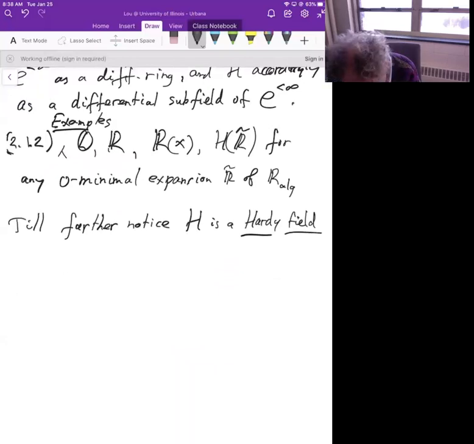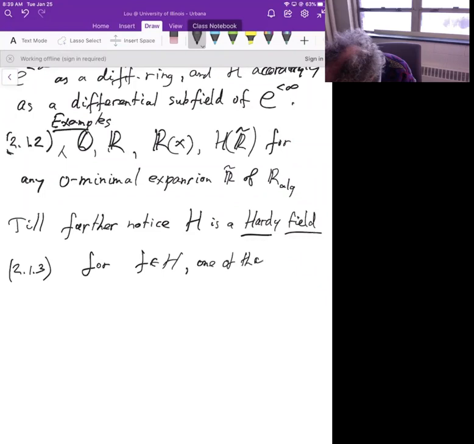Good. So the first thing to realize as a consequence of having this derivative available is that for a germ in H, one of three things happens.